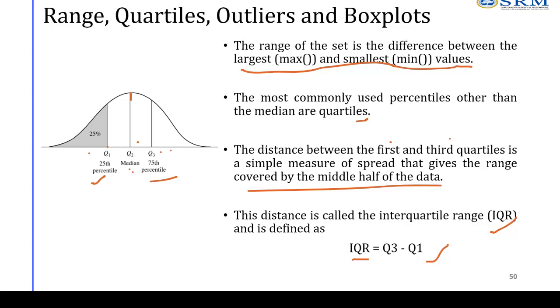So I just wanted to stress that the interquartile range is nothing but the difference between the third quartile and the first quartile, a simple measure of spread that gives the range covered by the middle half of the data.